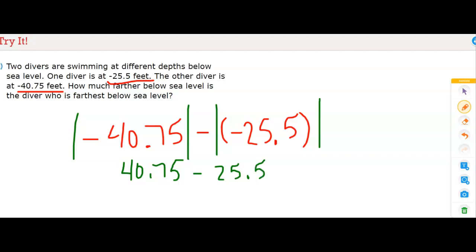You can put this in your calculator: 40 and 75/100ths minus 25 and 5/10ths, and you should get 15 and 25/100ths. And that's going to be in feet. So how much further did the other diver go? That would be 15 and 25/100ths feet.